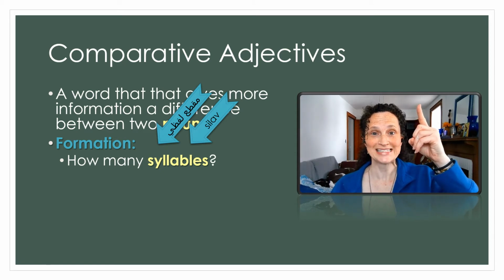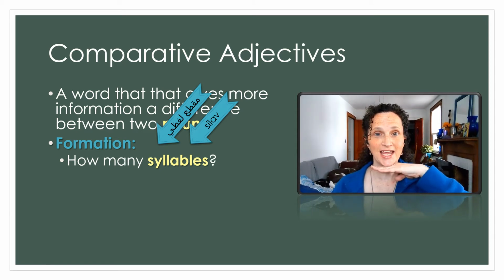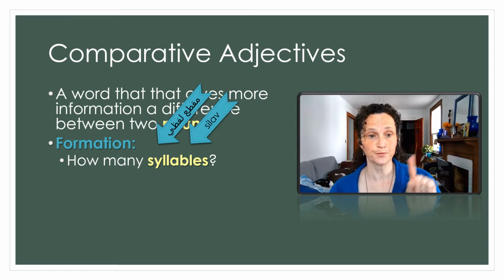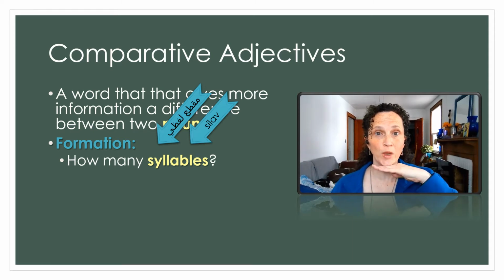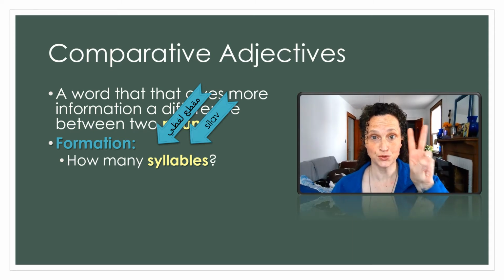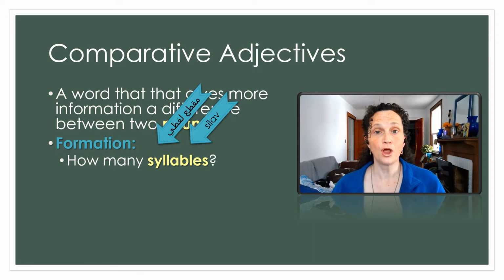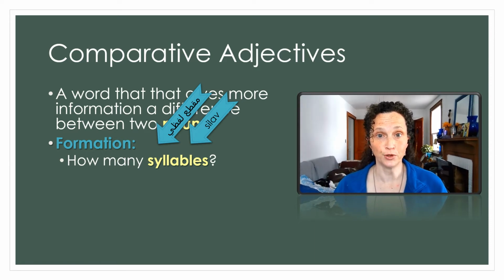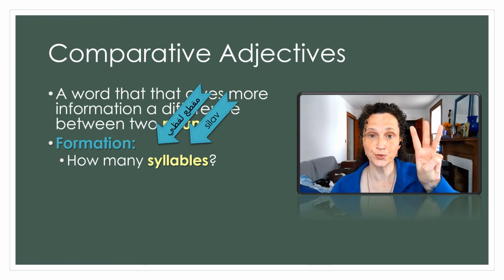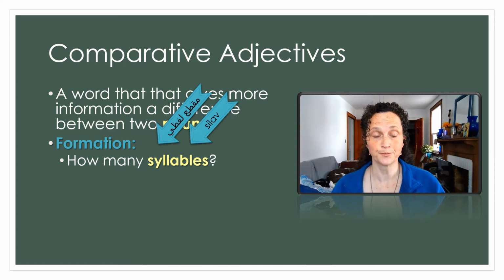The word ceiling has two syllables. The word window has two syllables. The word syllable has three syllables.